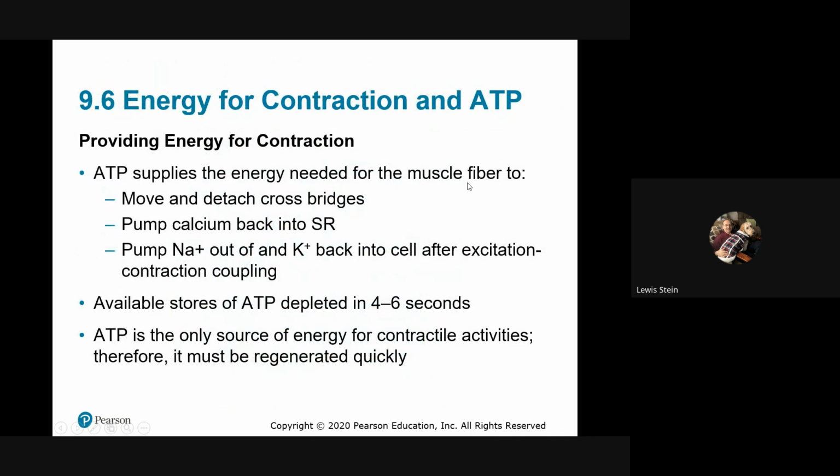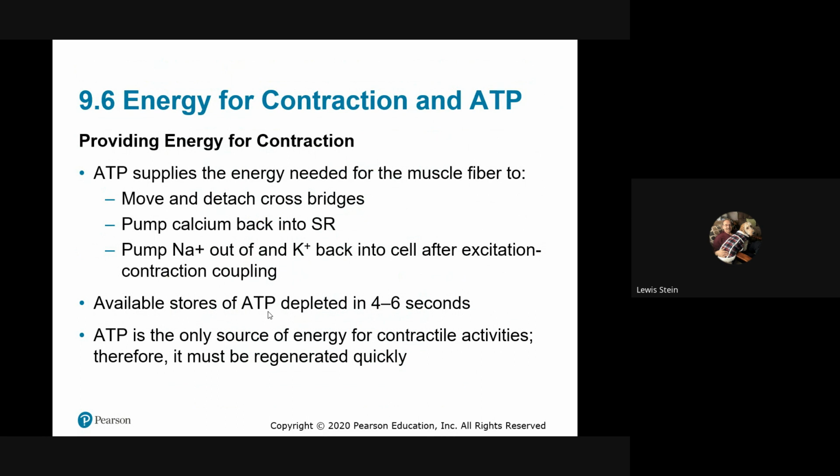How do we get energy? Well, we eat carbohydrates. So the energy needed moves and detaches cross bridges, blah, blah, blah, sodium in, potassium out. There's a lot of energy. Okay. The ATP we have on hand within the muscle, barely 5 seconds.